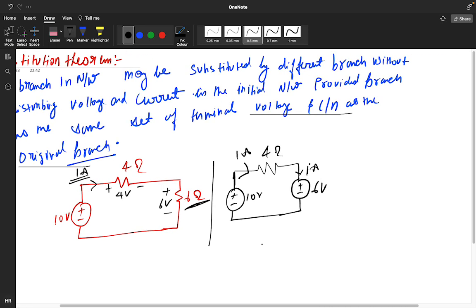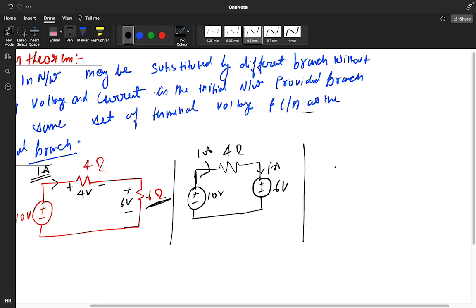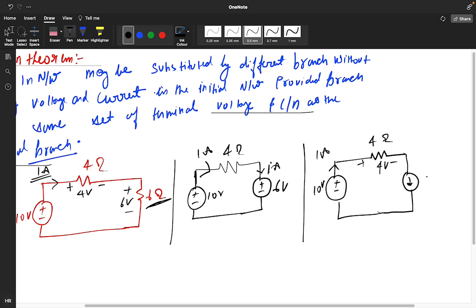This can be one representation, and another representation will be like this also. This is my positive negative 10 volt. I am getting a 1 ampere current in my circuit. This is my 4 ohm, this positive negative is 4 volt, and I can make this a current source of 1 ampere, which has a voltage of positive negative 6 volt.